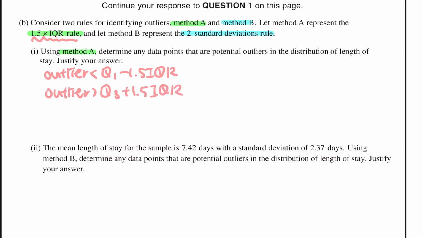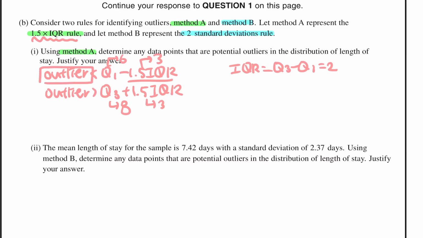The IQR, the interquartile range, equals Q3 minus Q1, which equals 2 in this case, so 1.5 IQR is 3. With Q1 and Q3 being 6 and 8, a value is an outlier if it is smaller than 3 or bigger than 11.